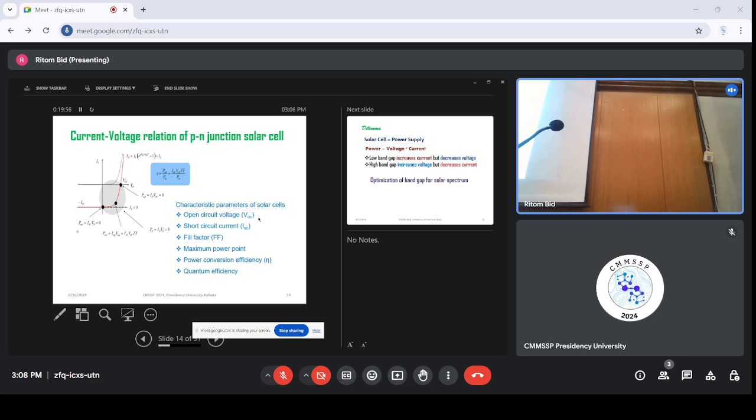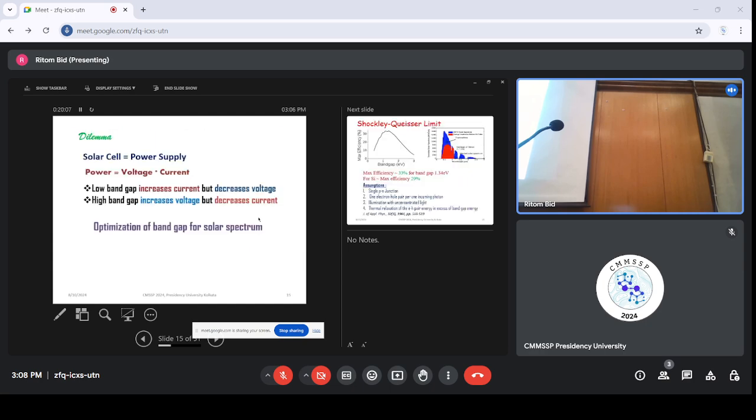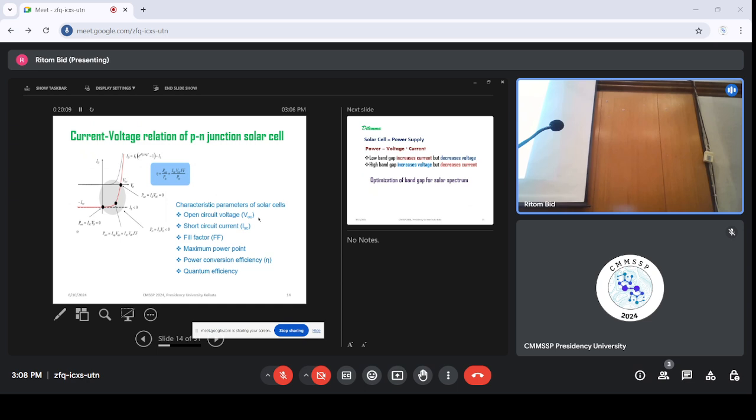This is the characteristics part of a PN junction solar cell. We have to measure the current voltage relation, that means the IV curve, upon solar light, and this is the dark IV curve. This is for a single PN junction that you all know, and this red part is the IV curve under illumination of the solar spectrum.